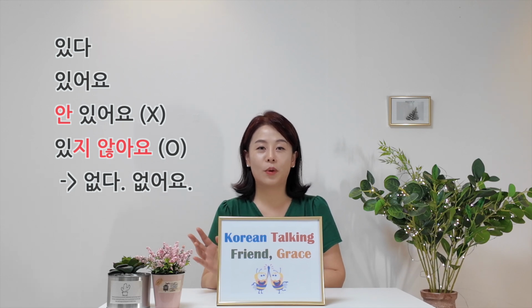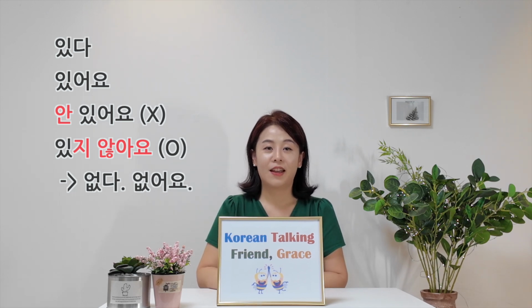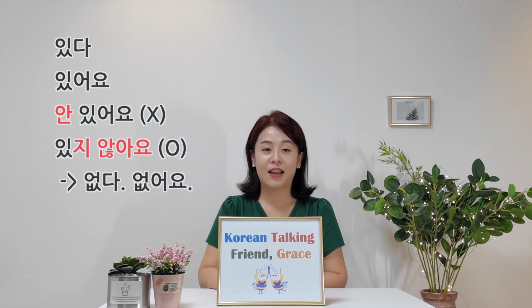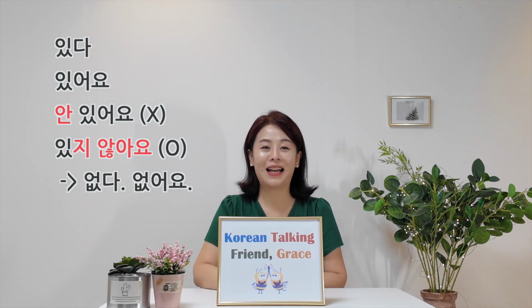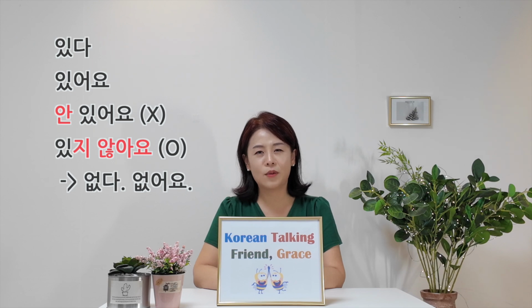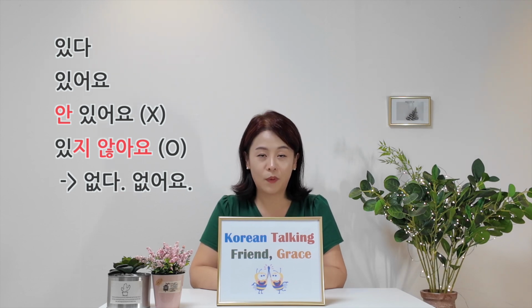And then here's another sample verb, which is 있다. 있다 is to exist or to be. 있어요 is the conjugated present form, but we don't say 안 있어요. But you can say 있지 않아요, although it can sound formal.